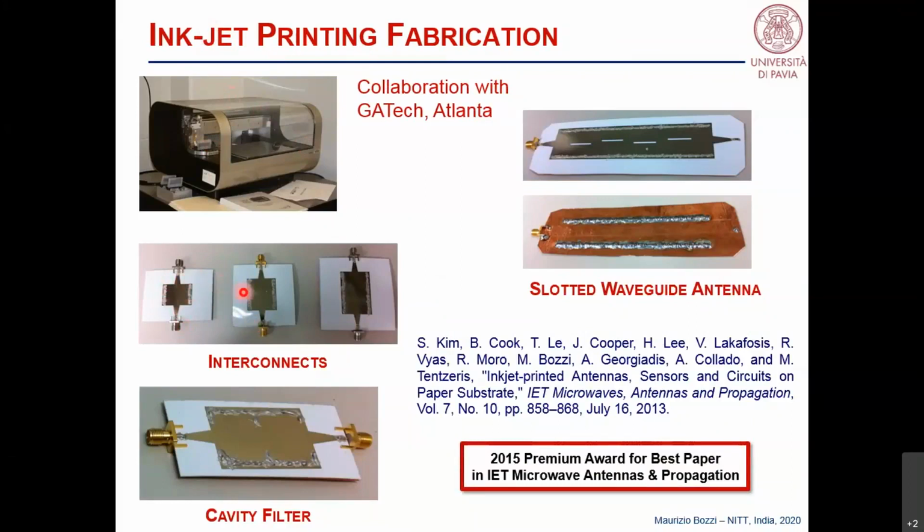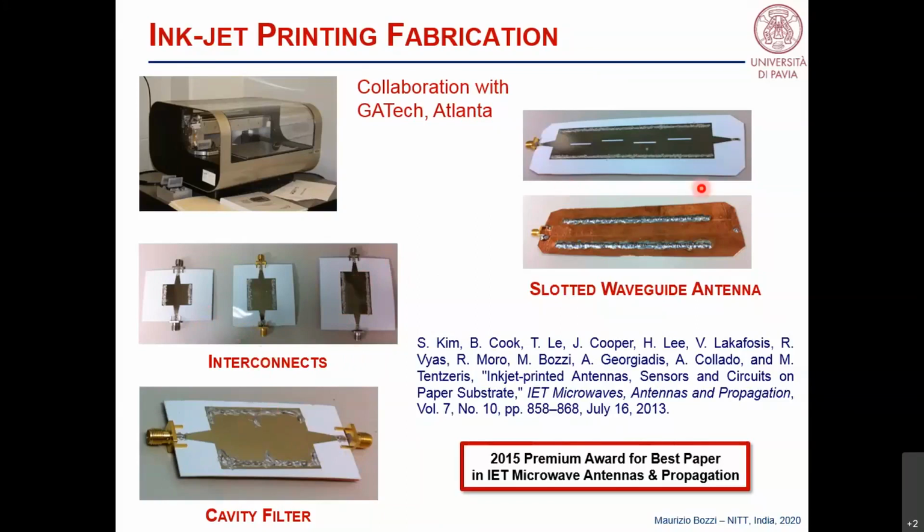So you print your conductors, then you put them in the oven at low temperature for something like half an hour or 1 hour. The ink evaporates, the silver particles melt, and they form a conductive film.